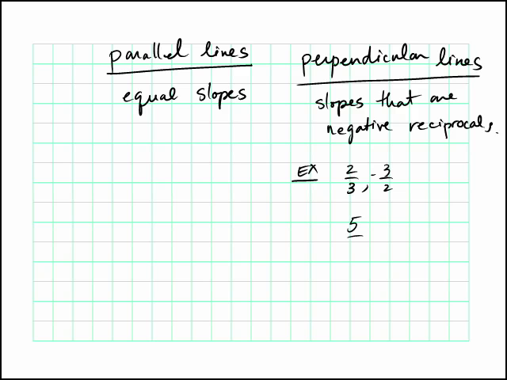Since 5 is really 5 over 1, the opposite reciprocal of that would be negative 1/5. And if you have, let's say, negative 1/2, the opposite reciprocal of that would be a positive 2, or 2 over 1. Okay, so those are negative reciprocals of each other.